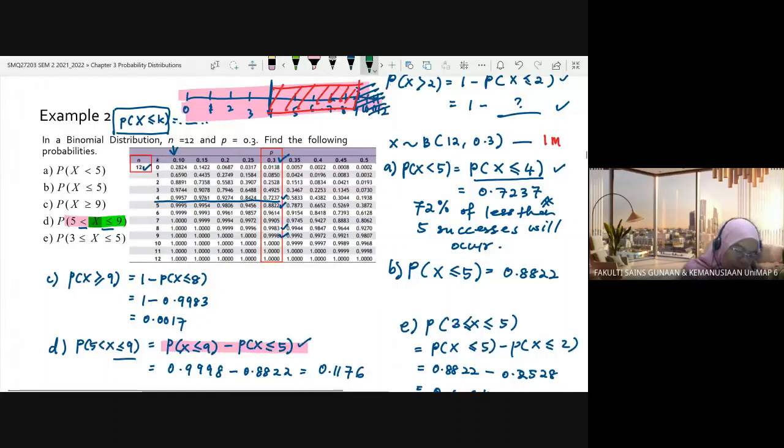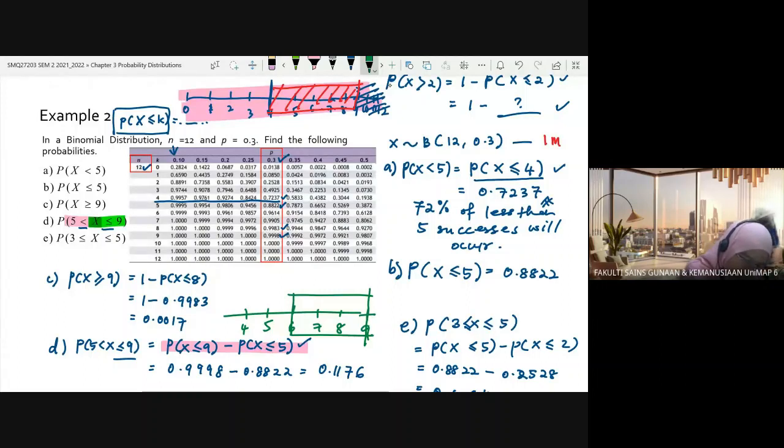If you are talking about 4, 5, 6, 7, 8, 9, with 9 included, but greater than 5 is 6, so you are talking about this particular region. 9 is over here, this is 8, this is 7, this is 6, but not including 5.